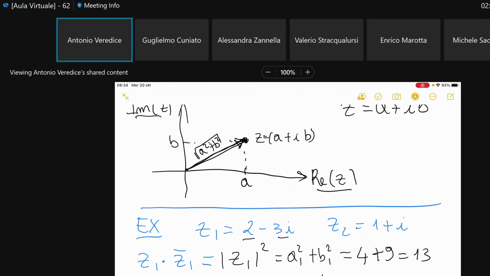And what about the imaginary part: minus 2i minus 3i, so minus 5i. Okay, so these are the two solutions. 13 from the product Z1 times Z1 conjugate, and minus 1 minus 5i for the product Z1 times the conjugate of Z2.